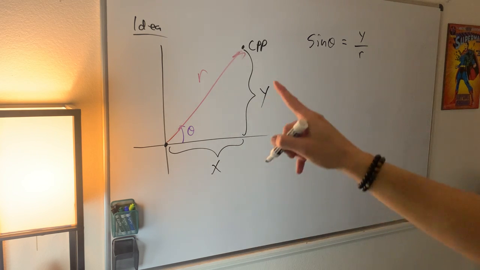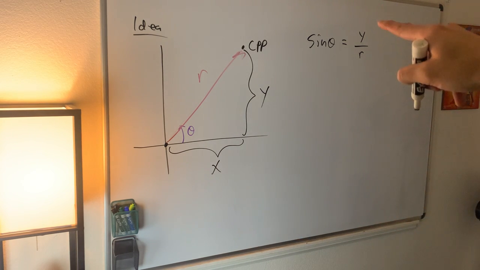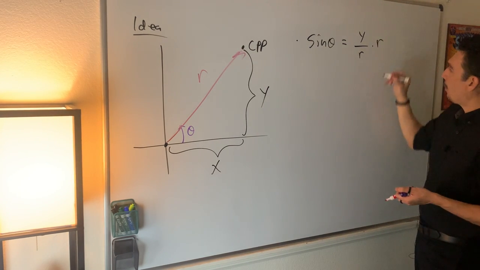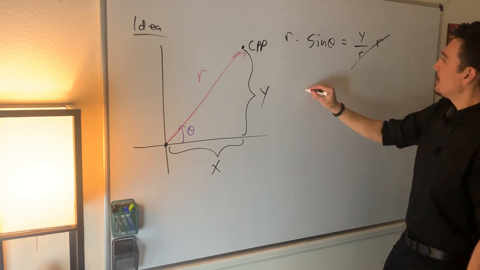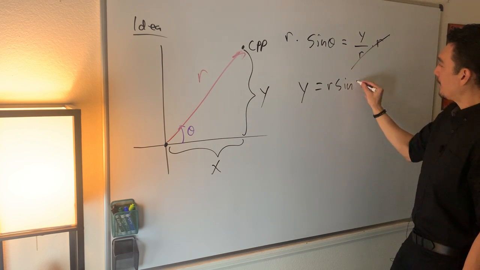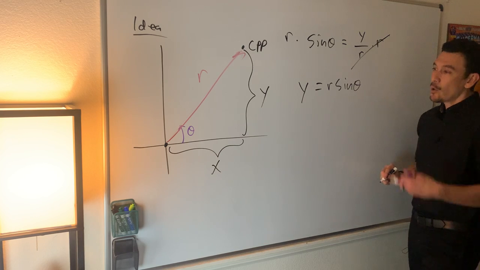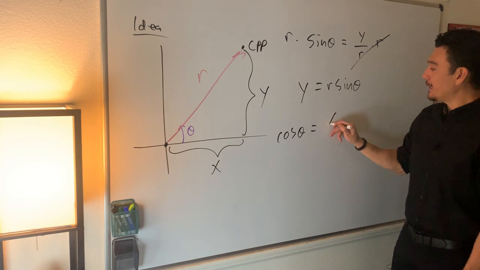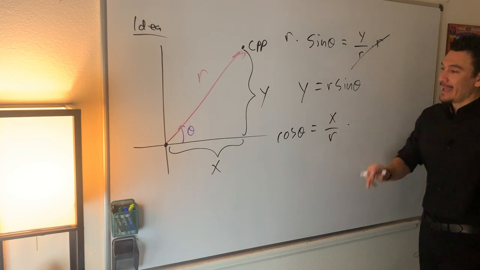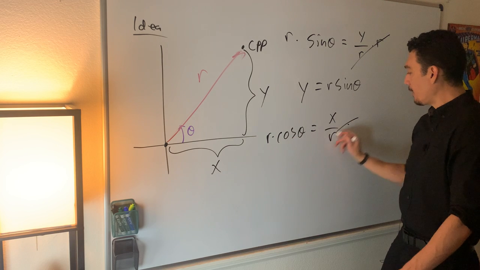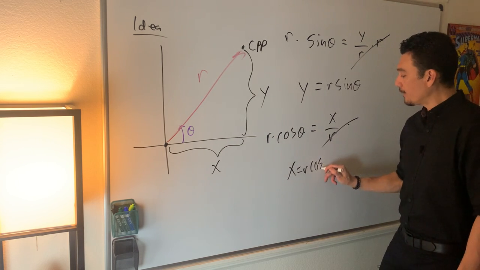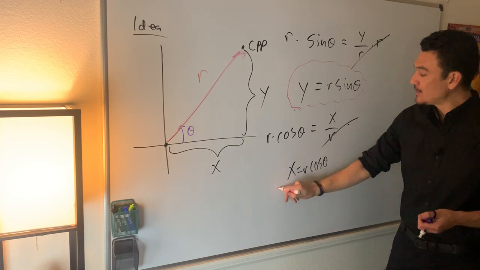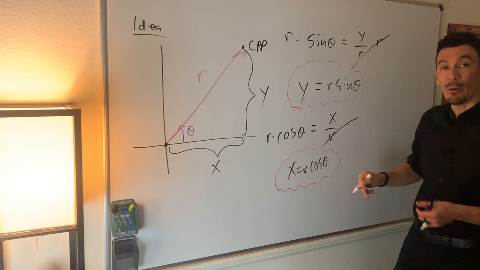To get y by itself, we multiply both sides by r, so y equals r sine theta. Cosine of theta equals x over r, and if you multiply both sides by r, x equals r cosine theta. Why don't you bubble in these relationships, because they're going to help us for the next part of this video.